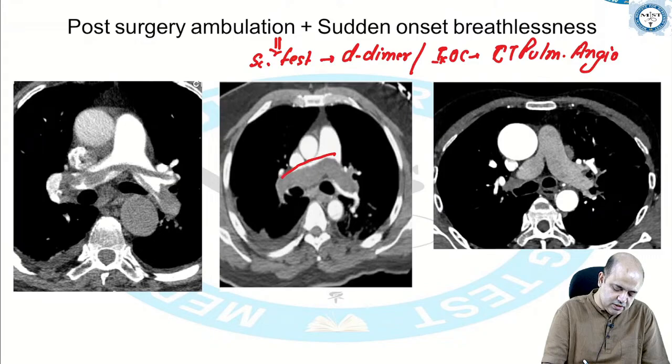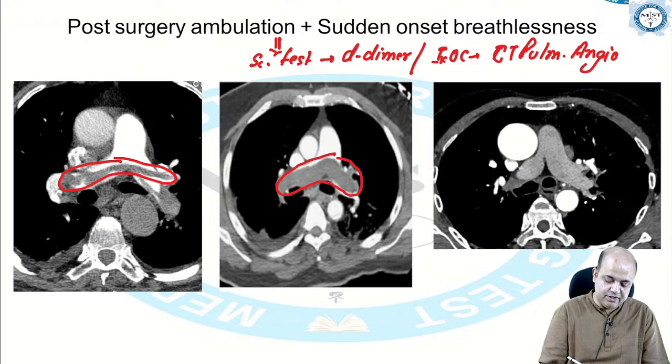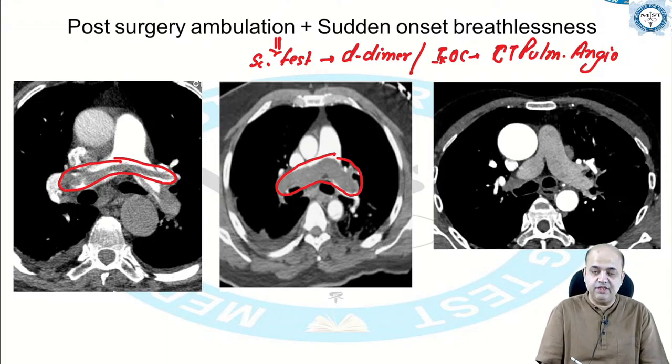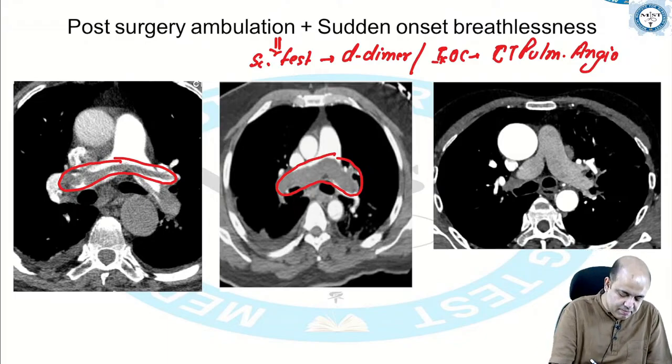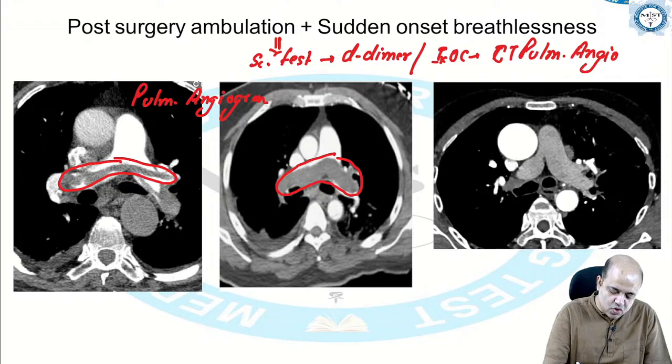We see there is a filling defect in the pulmonary arteries. This is a pulmonary angiogram. And this is a normal CT aortogram.